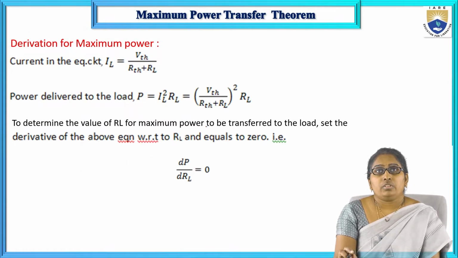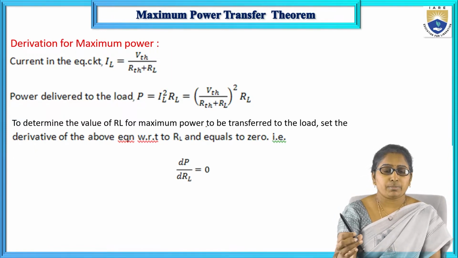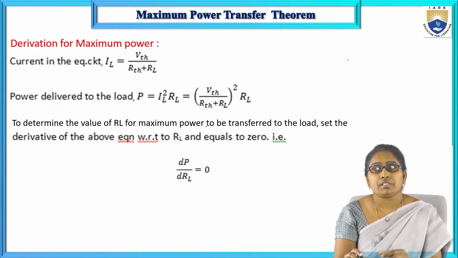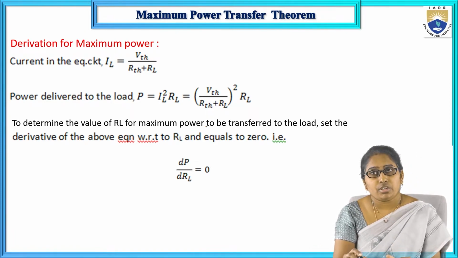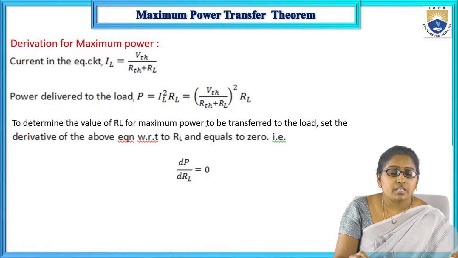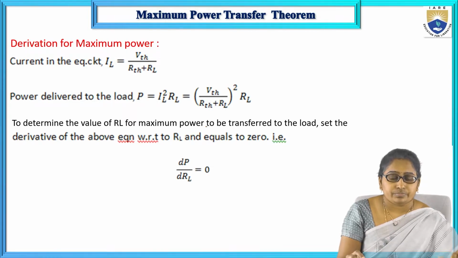Derivation. The derivation for this maximum power. We have seen the expression for maximum power is P max is equal to VTH square by 4 RTH. So the derivation for that, how it is given, is explained like this.